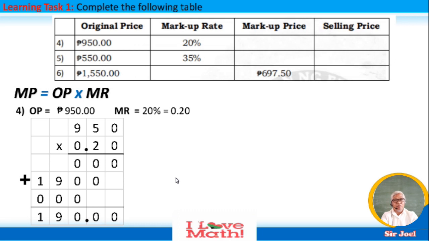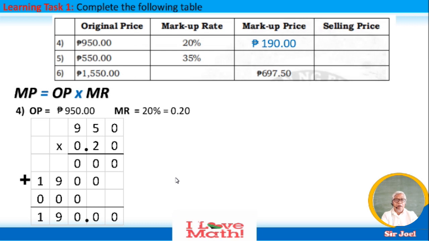Kagaya din lang ito nung kaninang number 1. So, after solving, meron tayong 190.00. Again, since ang problem ay merong 2 decimal places, from the end, mag-move kayo ng 2 places to the left. Kaya siya naging 190.00. And that is equivalent to 190 pesos.